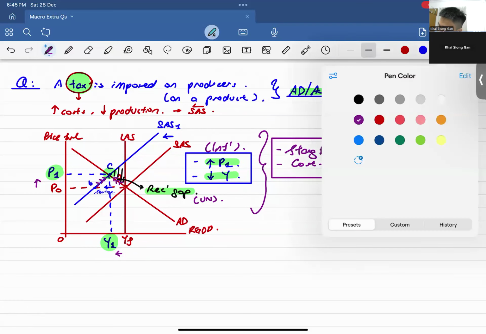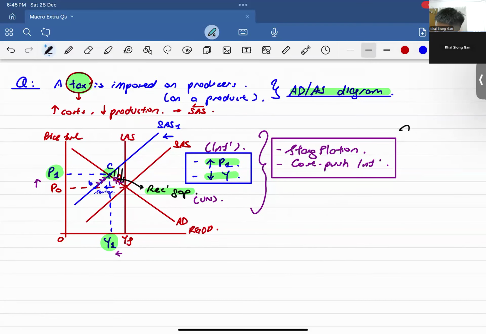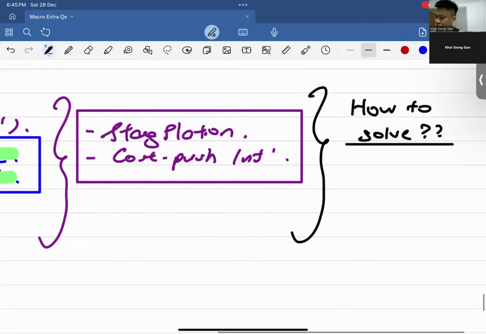Now I want to give you a challenge. How to solve? What policy can we use to solve this? Let's say we talk about how to solve.